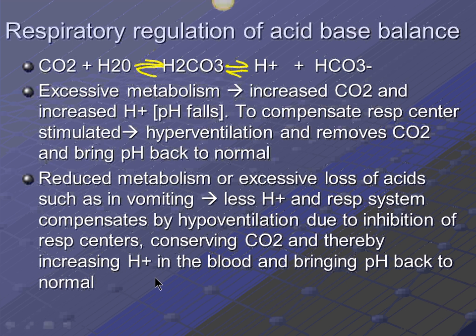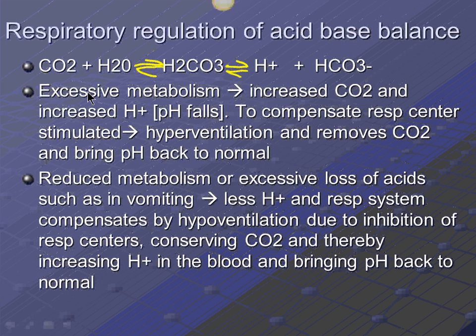So let's see how the respiratory system regulates this acid-base balance, and it's really common sense. So think of this. We saw carbon dioxide plus water, which breaks up into bicarbonate and hydrogen. We don't want the hydrogen free, so it is sort of bound first, and so your pH doesn't change.